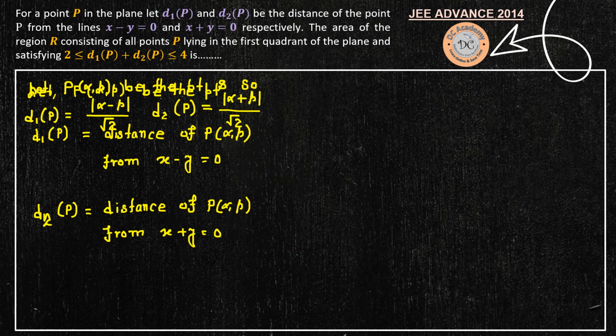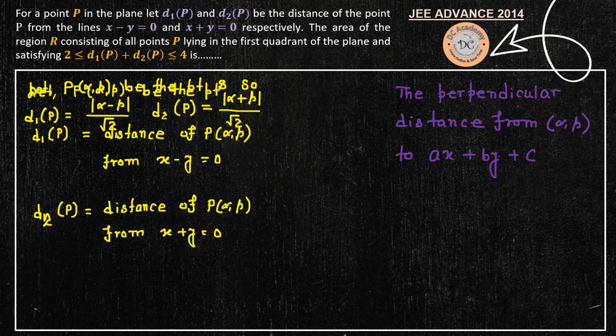Now here we can recall one formula. The perpendicular distance from the point (alpha, beta) to the straight line ax plus by plus c equal to 0 is equal to mod of (a alpha plus b beta plus c) divided by square root of a square plus b square.